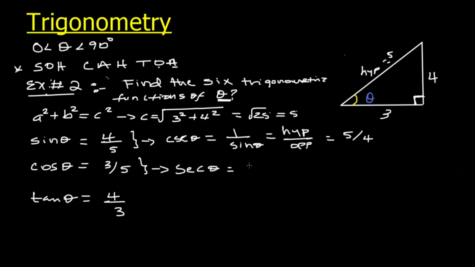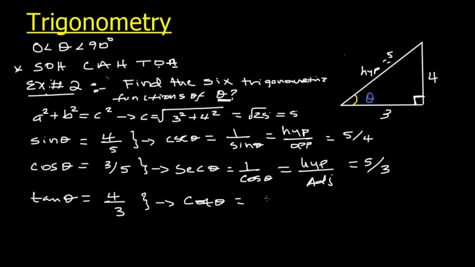Secant theta equals 1 over cosine theta, which is the hypotenuse, 5, divided by the adjacent, 3. And finally, tan is related to cotangent theta, which is 1 over tan theta.